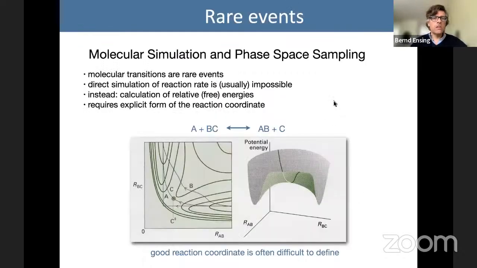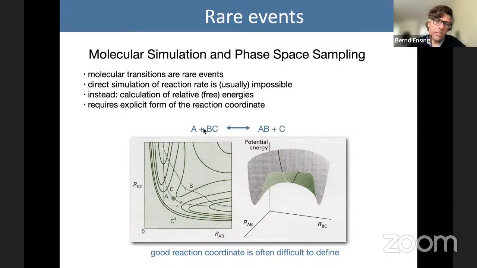The thing is that molecular transitions, such as phase transitions, self-assembly, and chemical reactions, are rare events, and so often we need a good reaction coordinate to describe this. For example, for this sort of reaction, a so-called SN2 reaction, I'll show you an explicit example in a minute, where A reacts with BC and forms new molecule AB, and C goes off.